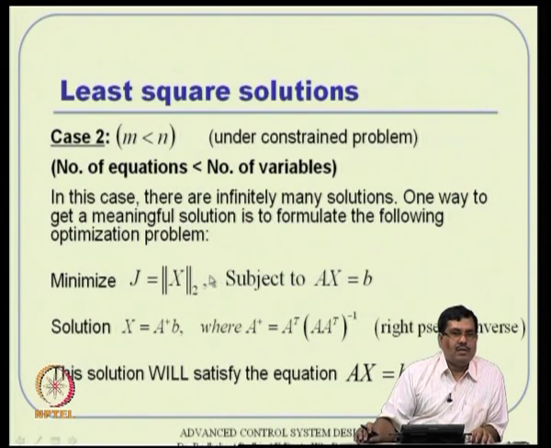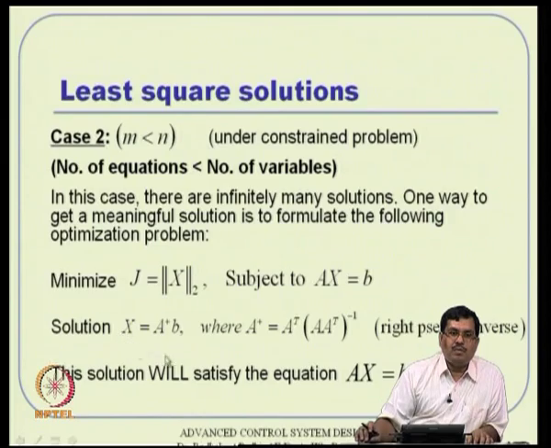That means I want a solution which will satisfy this equation exactly, but on top of that it will also minimize the second norm of this vector. That means if I take the distance from origin, the distance is going to be minimum actually. Yet I will satisfy this equation exactly, remember that there is no approximate satisfaction, this equation will always be satisfied actually.